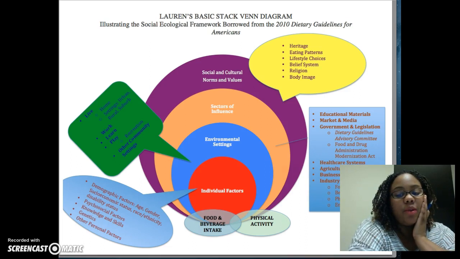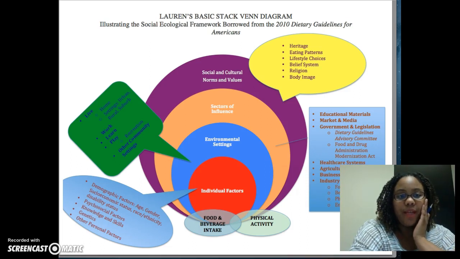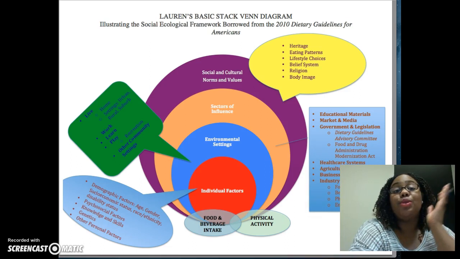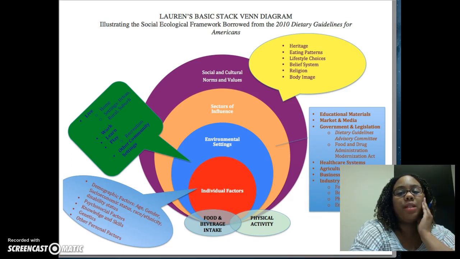Learning and educational settings, what is accessible in terms of our food and beverage intake at our schools, recreation, other community settings, faith-based organizations, etc. So this was my attempt to illustrate the social ecological framework borrowed from the 2010 Dietary Guidelines for Americans.